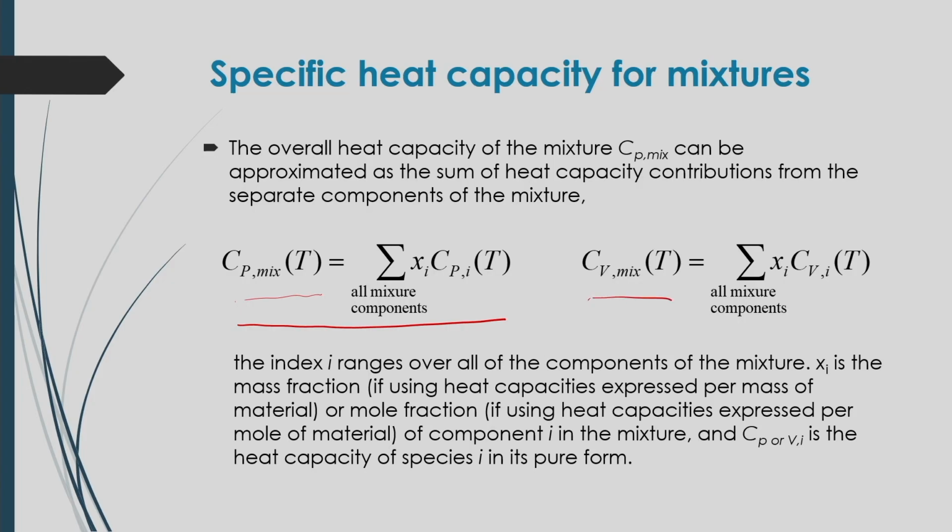Similarly, you can express the specific heat capacity at constant volume for the mixture, and this overall heat capacity can be expressed again, in the same fashion as the earlier equation, as the summation of Xi times Cv,i. Here Xi is again the mole fraction of the components in the mixture, and Cv is the specific heat capacity of that particular component at constant volume.